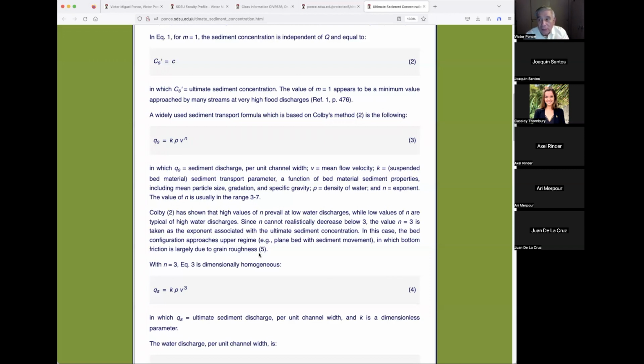Of course, one can surmise that if you don't have bed forms, you're not going to have form friction. It's all going to be grain friction. So there's going to be an up and down in the actual flow in nature in terms of the friction, depending on whether the bed forms are prevalent or not. And this is what Simons also said in his 1957 paper that we have briefly touched upon, the work they did at Colorado State in the 8-foot flume.